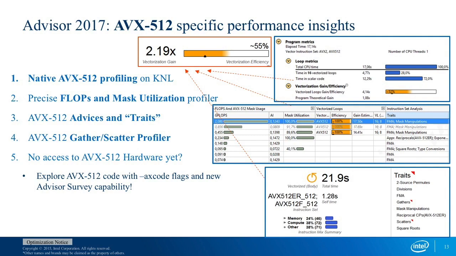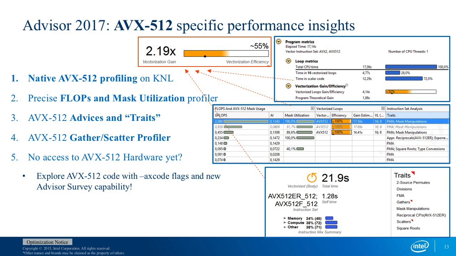So the ISA is shown, the efficiency, the potential or estimated gain, and the vector length. And here are some traits you can click on, which give you something to think about. Here we have FMA and mask manipulations. We have reciprocals, and we can think of using some lower precision algorithmics for the reciprocals.